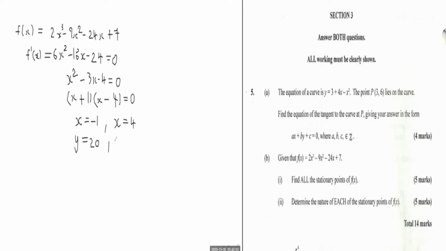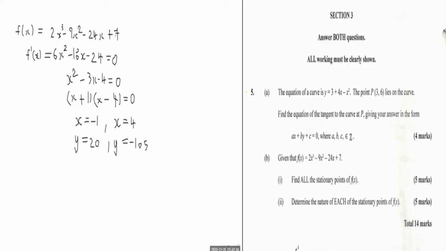And then we can put in x as 4 here. So we're going to get 2 times 4 cubed minus 9 times 4 squared minus 24 times 4 plus 7, and that's -105.